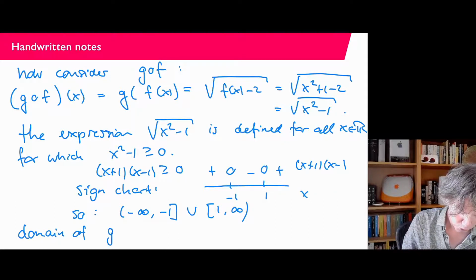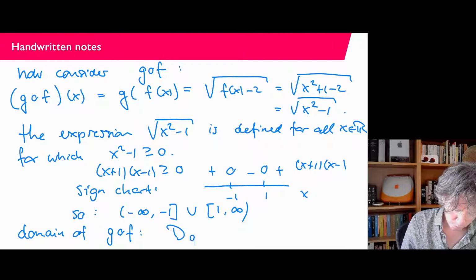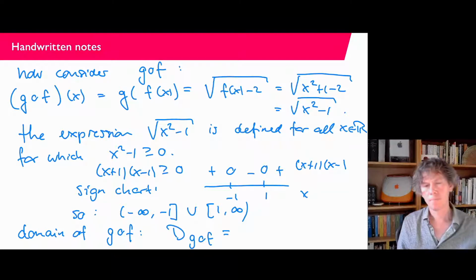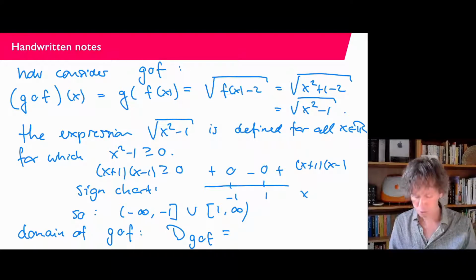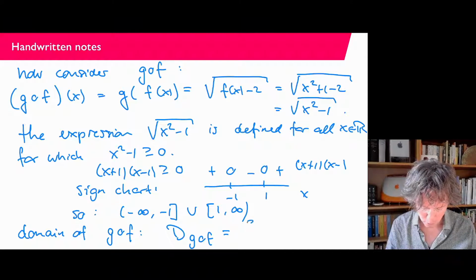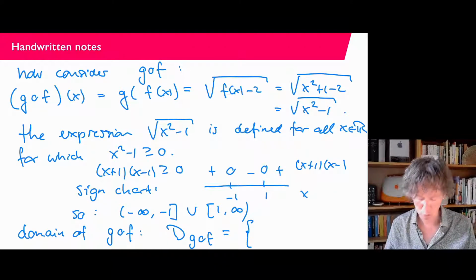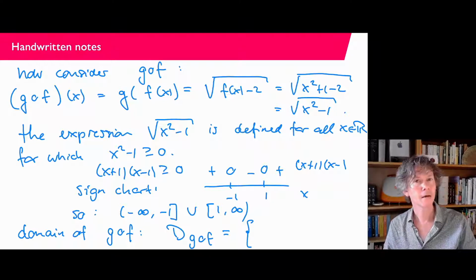So the domain of g after f. So the formula that was not on the slide yet, but it's the expression for the domain of f after g with f and g interchanged. So what we get is we first want to do from x to f of x.